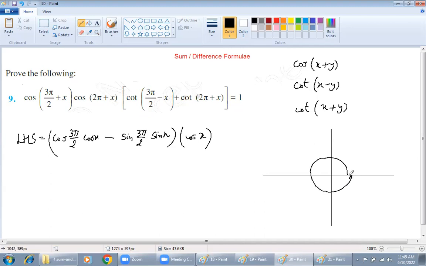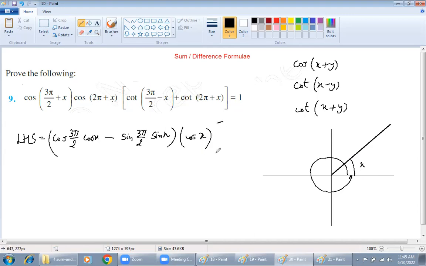So if you make an angle of 360 degree, one rotation is complete, and 2 pi plus x means 360 degree plus x. So practically 360 degree plus x angle will work as the same as angle x for determination of the cos value. So cos 360 plus x is same as cos x.